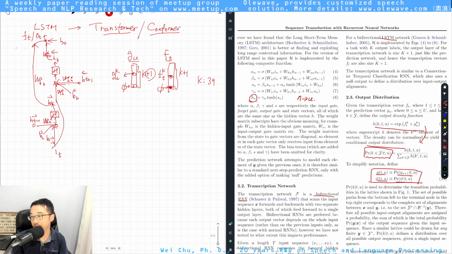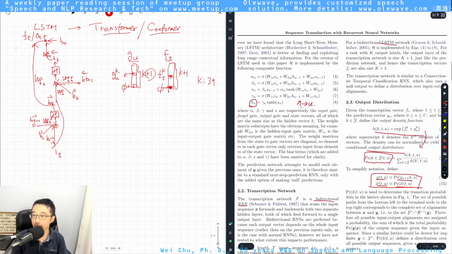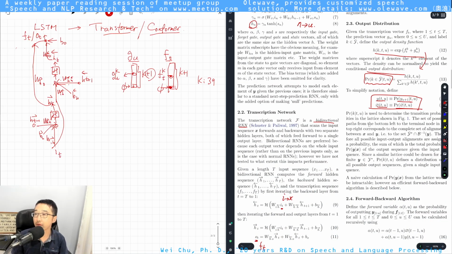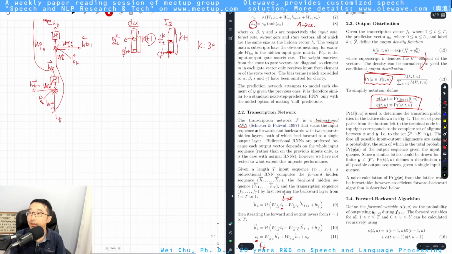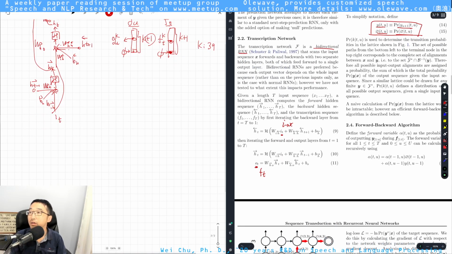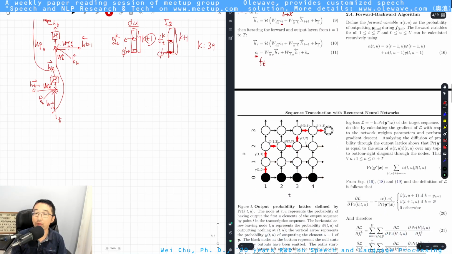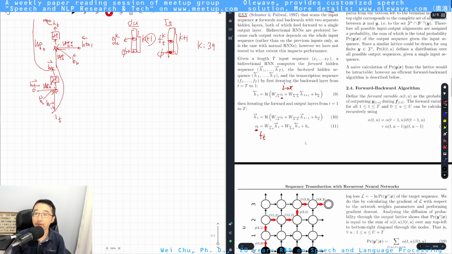It is because he always has this prepended label, so he has to calculate this probability. This one is important: the set of possible paths from the bottom left to the terminal node at the right corresponds to a complete set of alignments. I think it's important to let you see figure 1.